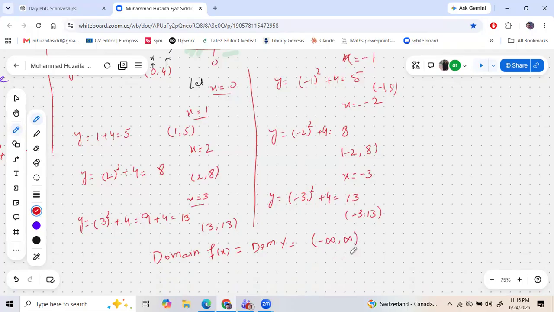As we already discussed in the previous section, this is our open interval. Infinity and minus infinity are not included, they are excluded. So this is the domain.